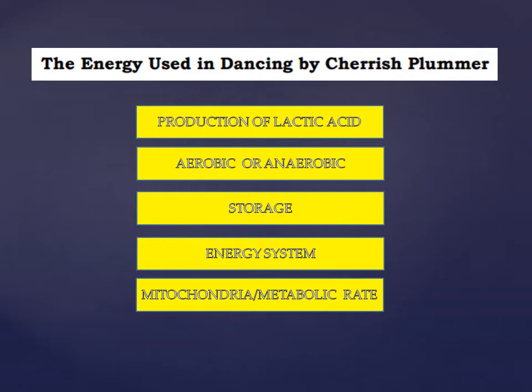Okay. Next, storage. The body stores ATP in muscle in the form of glycogen. Right? We discussed that earlier in the second body system. Next, this storage is for needed energy for doing activities.